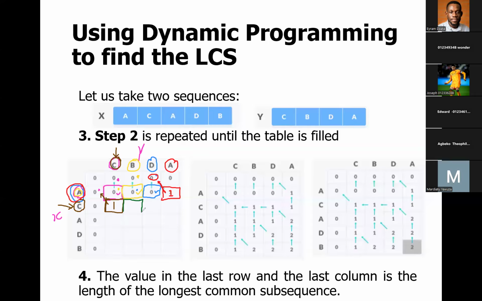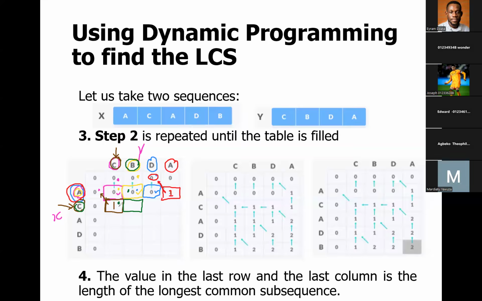I'll use a deeper green. So we come to this cell. We are still looking at C, and then this is what? B. Are they the same? No, they are not the same. So we compare this one here and the 0 here to see which is the maximum number.